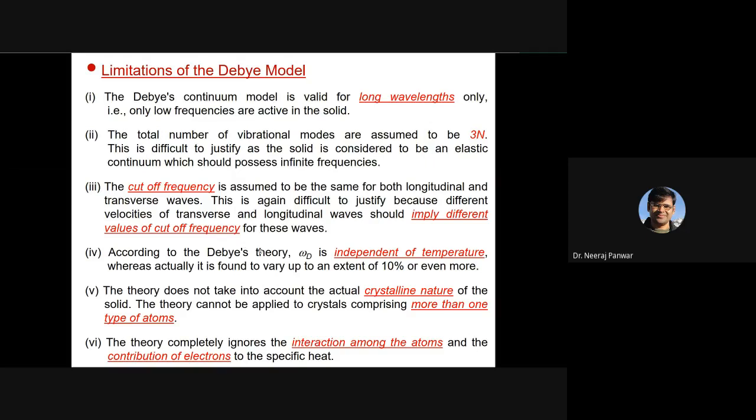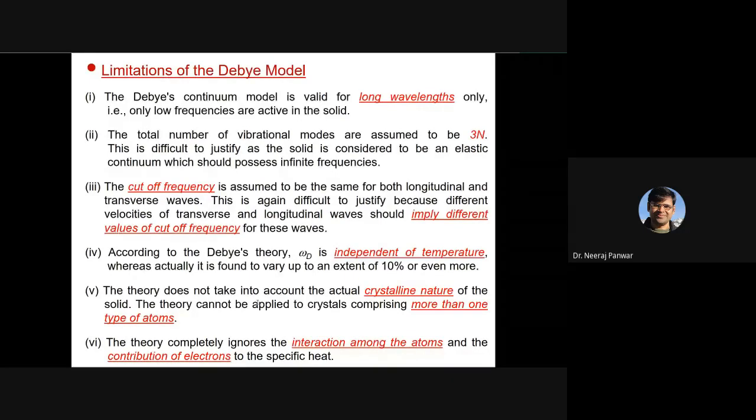And according to the Debye theory, this cutoff frequency, represented by omega D, is independent of temperature, whereas experimentally it is found to vary by plus or minus 10% of its original value as we change the temperature. This theory does not take into account the actual crystalline nature of the solid, which we are going to discuss, that solids are crystalline in nature.